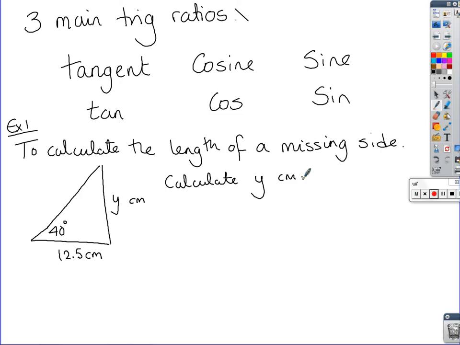Okay, so the question is asking us to calculate y, that is a side on a right angled triangle. You'll notice that we are given the angle 40 degrees. So in this case, when we're trying to find a missing side, we have to know at least one other side and an angle, the size of the angle. So the first thing we're going to do here is label up our triangle, and then we will decide which of our ratios we are going to use.